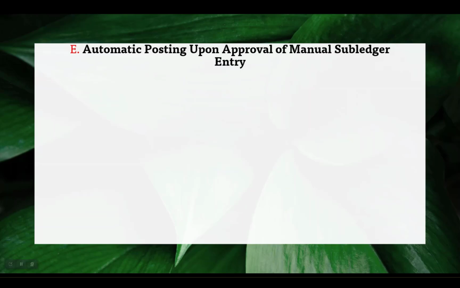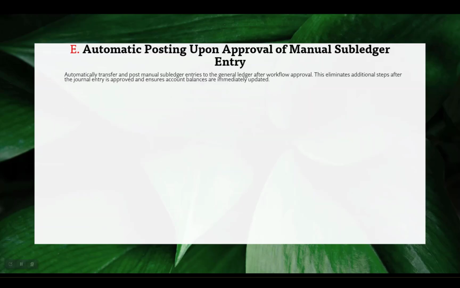Another feature here is automatic posting upon approval of manual subledger entry. As you know, this automatically transfers and posts manual subledger entries to the general ledger after workflow approval. This eliminates additional steps after the journal entry is approved, and ensures account balances are immediately updated.